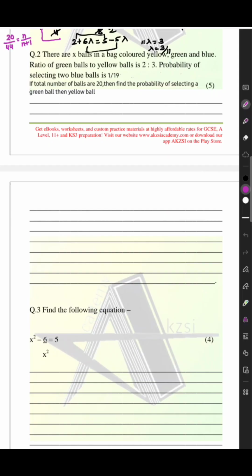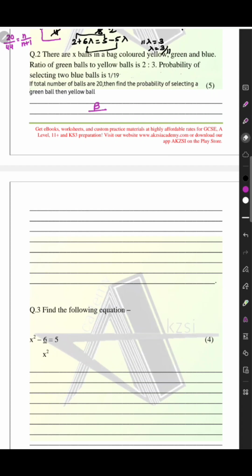Actually there are 3 different pieces of information given. So let me use them to get all the numbers of balls. So selecting 2 blue balls, that means selecting 1 blue ball over x. X represents the total number of balls, which is given as 20.